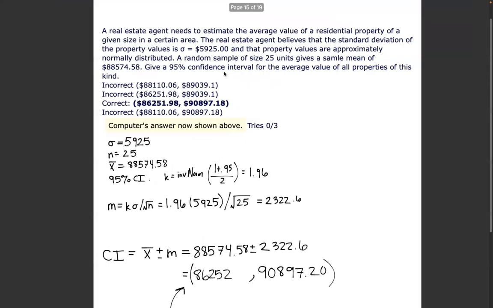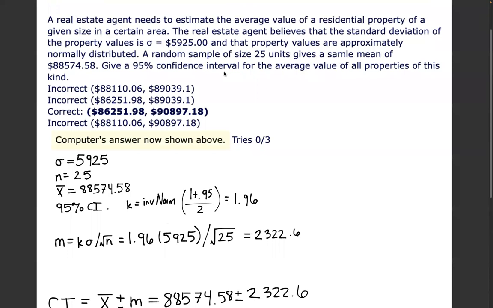Next. A real estate agent needs to estimate the average value of a residential property of a given size in a certain area. The real estate agent believes that the standard deviation of the property values is 5,925, and that property values are approximately normally distributed.